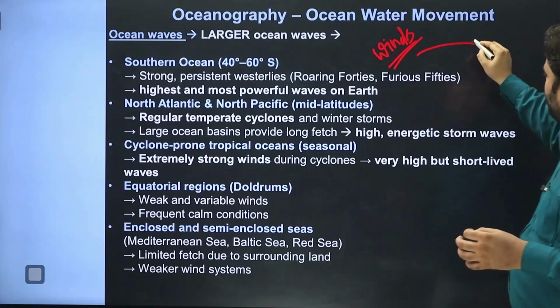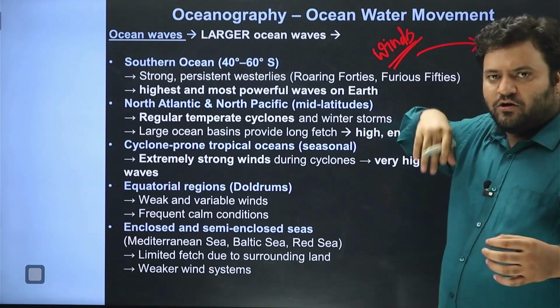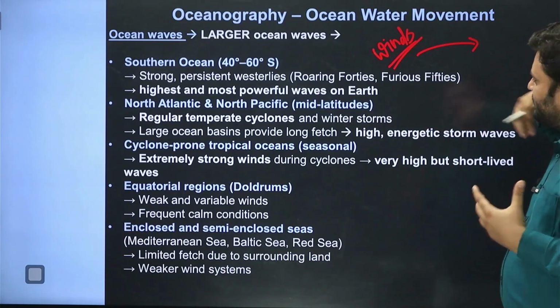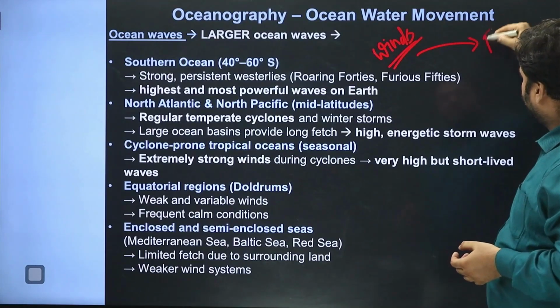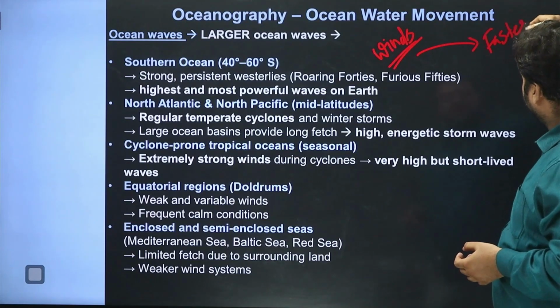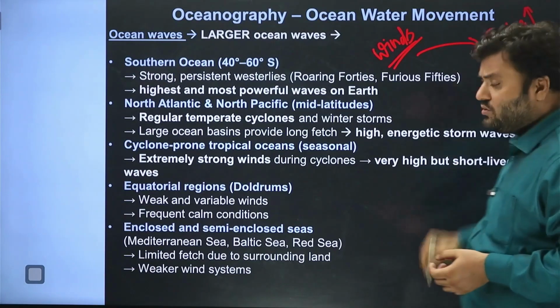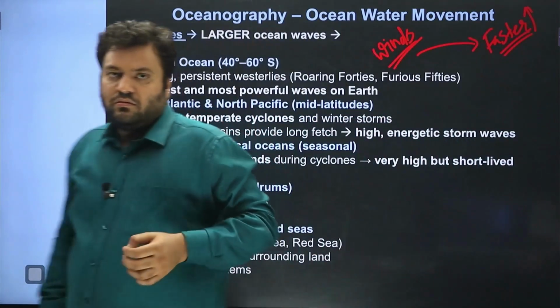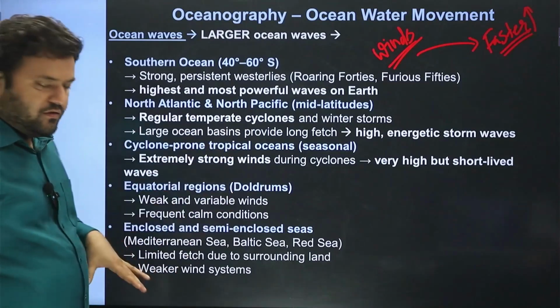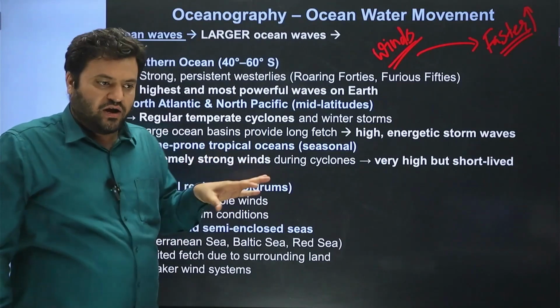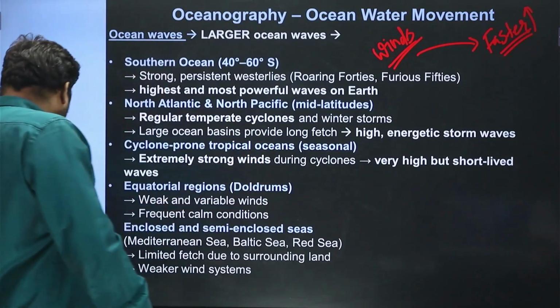I hope now you are able to recall in which areas these winds would be faster. If these winds are faster, specifically on the sea surface, you can expect that wave height would be accordingly, every other aspect would be accordingly.